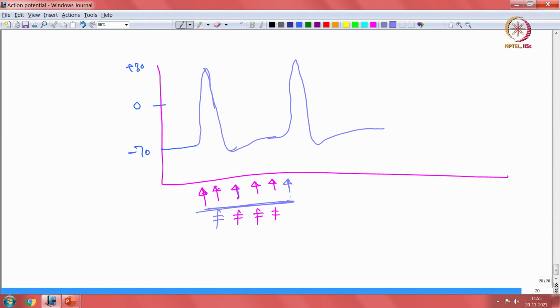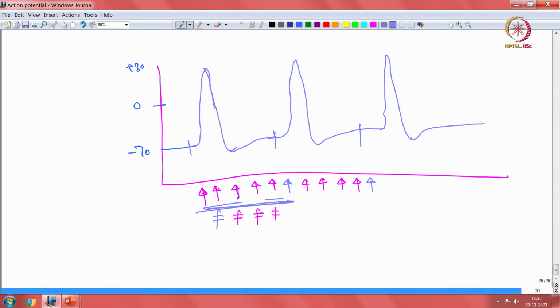Same neuron, same membrane, different time periods, same amount of stimulus. So, the stimulus is the same, and the response happens only from 2. We continue that further: no response, no response, no response, then there is a response. The response is another action potential, and then it goes over here.